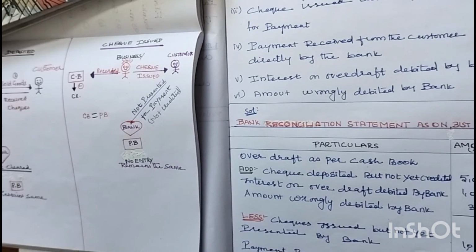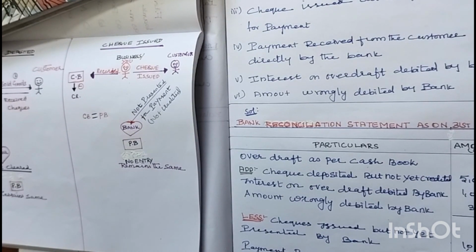Listen carefully. According to the passbook, the bank received the payment directly, so the passbook balance increased by 500 rupees. According to the cash book, it remains the same. No entry was made. What do we have to do now?